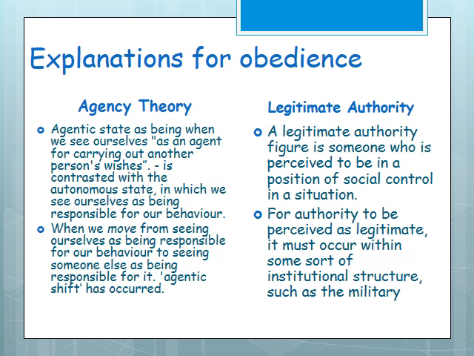Legitimate authority. So a legitimate authority figure is someone who is perceived to be in a position of power or social control within a situation. The authority must be legitimate, so it occurs within some sort of hierarchy. So it could be institutional structure such as the military or within a school setting.